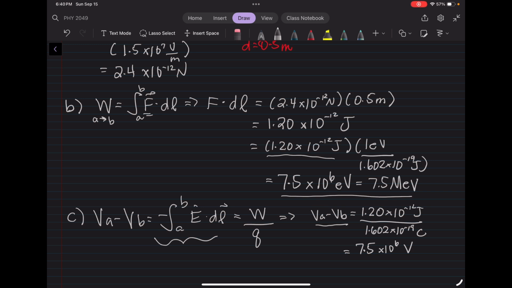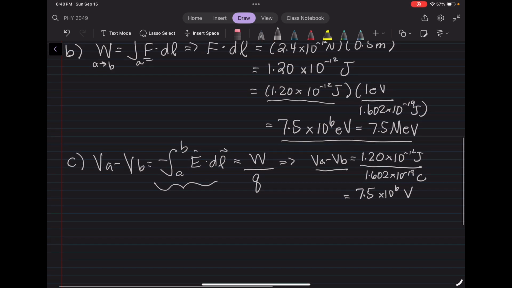So in other words, what you could do by inspection, if we instead found the work using eV, right, we saw that the work was 7.5 times 10 to the 6 eV. Well, if we divide that by the charge e, we really don't need to do anything in the calculator. Let me just divide it by e, right? That's going to make it more clear.